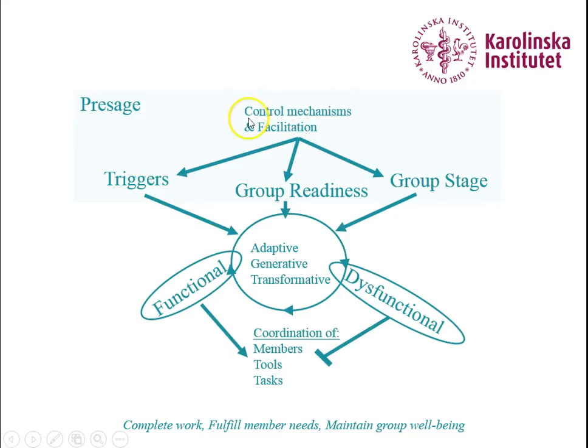In this area, the control mechanisms and the facilitations, these are external processes that the facilitators and the leaders of the group will impose upon the group as it interacts, and that meshes with the triggers for learning for the group readiness. Are they ready to learn? Are they open to learn? Are they closed off and not willing? And then the group stage, for which Susan Wheelan has published a great deal.